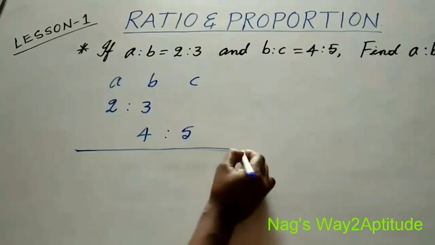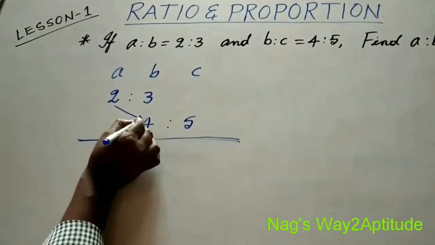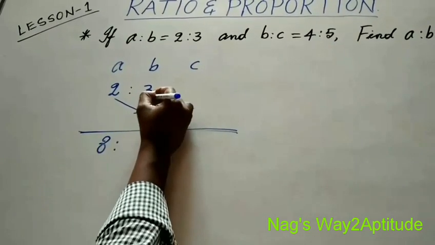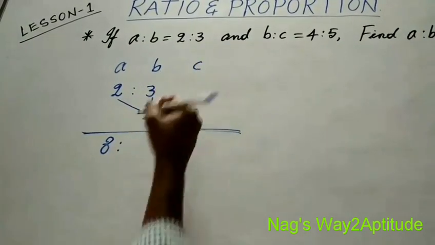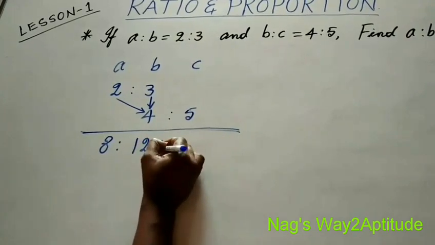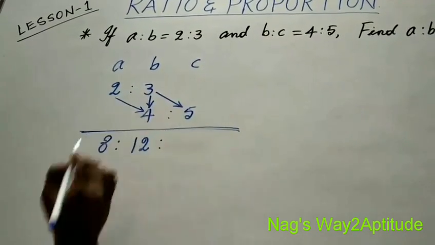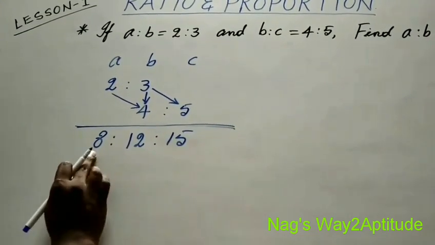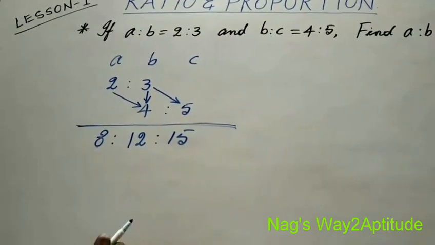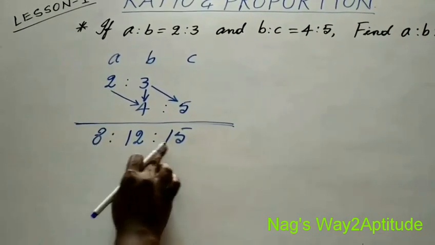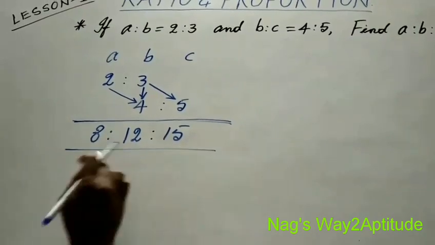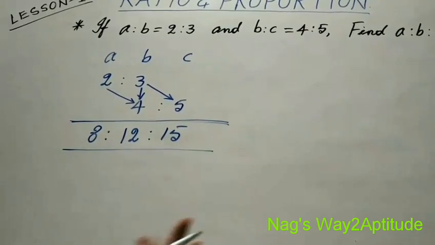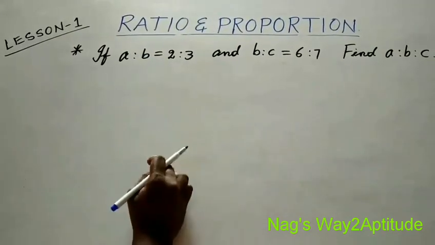Now you multiply these two terms. 2 4s are 8 is to, you multiply these two terms, 3 4s are 12 is to, now finally multiply these two terms, 3 5s are 15, and finally we got the answer 8 is to 12 is to 15, and there is no common factor for all these three terms. So the value of A is to B is to C is 8 is to 12 is to 15. Now let us go to the next problem.